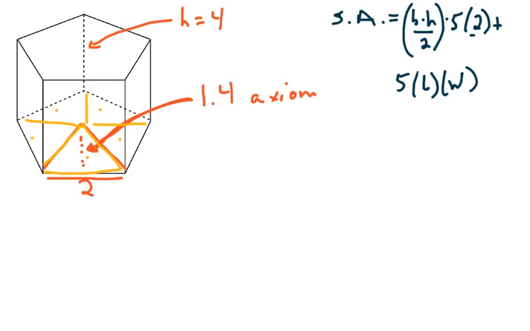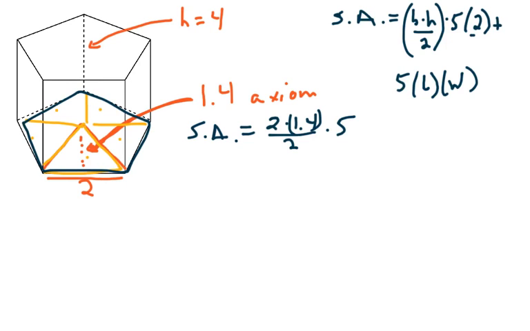So we'll quickly do this. Surface area equals the base of the triangle, which is 2, times the height of the triangle, 1.4, divided by 2, times 5, because I have 5 of those triangles on the bottom that make up the pentagon. All 5 triangles make that area up.